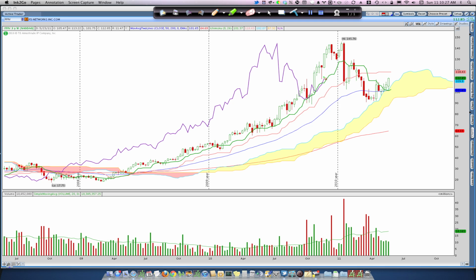And for price to continue to go up, the Chikou has to go up, because this dot, this point, reflects today's candle. So the next place that the Chikou is going to go, maybe it's here, can only be formed by a higher candle with a higher midpoint than the midpoint of this candle. So as the Chikou goes up, price is going to go up.